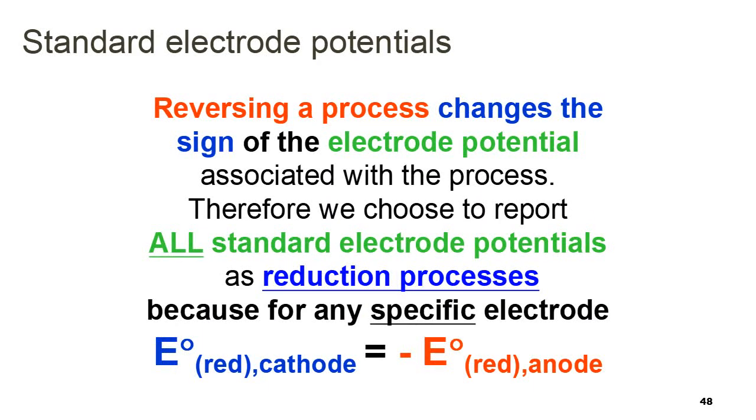However, reversing a process changes the sign of the electrode potential associated with the process. Therefore, we choose to report all standard electrode potentials as reduction processes, because for any specific electrode, the reduction standard electrode potential at the cathode is equal to the negative reduction standard electrode potential at the anode as shown.